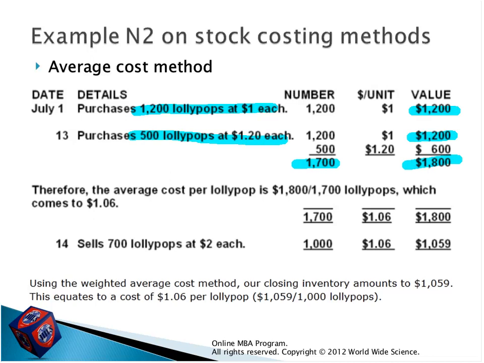So the average cost per lollipop: we take our value, 1,800, the value of the two purchases, and divide it by our total units of lollipops, and then we get the price per lollipop, which is $1.06.